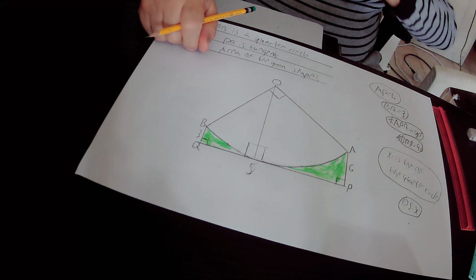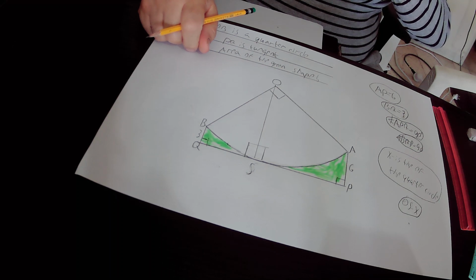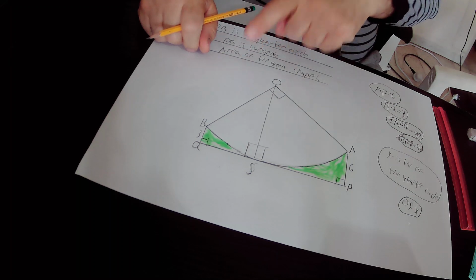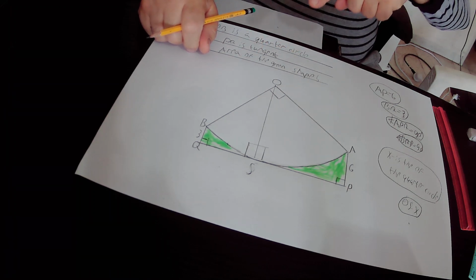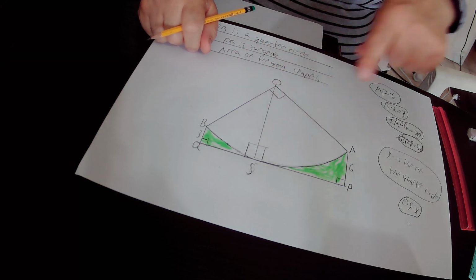In the next step, we will do a construction, that is to say from point B, we draw a perpendicular on OS.